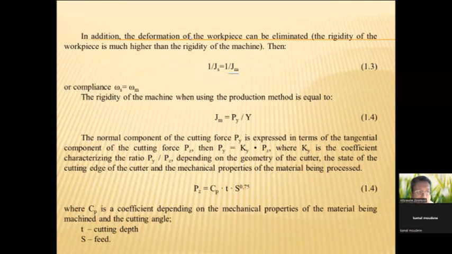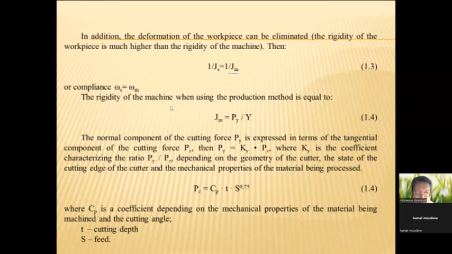So, in addition, the deformation of the workpiece can be eliminated. The rigidity of the workpiece is much higher than the rigidity of the machine. Then we use formula 1.3.